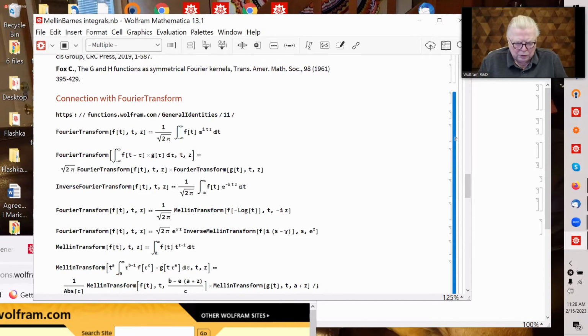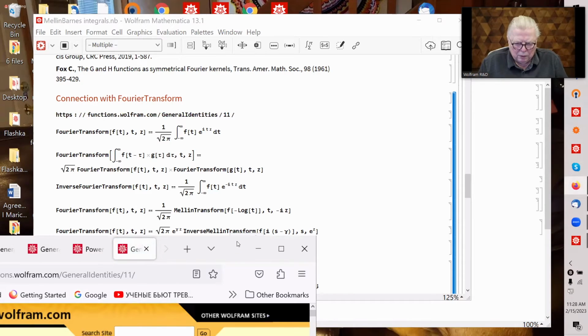And now I will tell also about the connection with the Fourier transform. At my last lecture, I shortly mentioned that we can convert the Mellin transform into Fourier and back. Here I placed a collection of formulas, and I recommend you to make a trip to our collection.